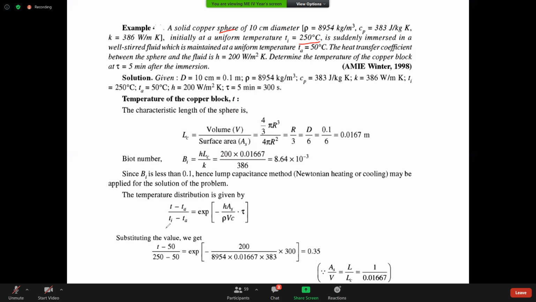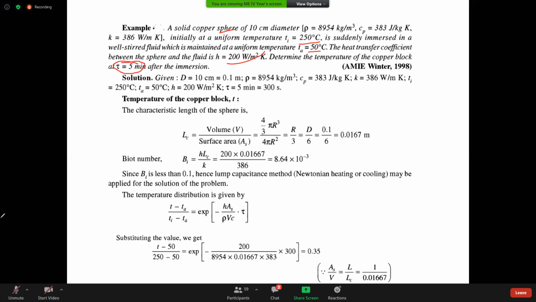It is suddenly immersed in a liquid at 50 degrees centigrade. The heat transfer coefficient is given. Determine the temperature of the copper block at 5 minutes after immersion.